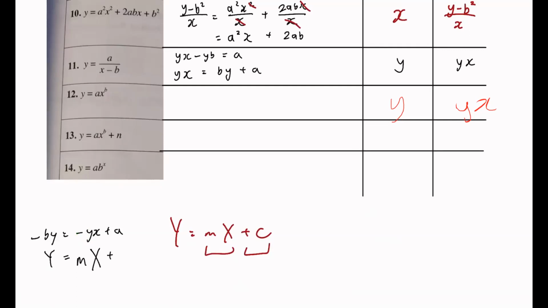So mx plus c, where y is negative by, m equals negative 1, x equals yx, and c equals a. Actually, you don't even need a negative 1. You can just keep m as 1, then your capital X can be your negative yx. Okay, that's another way, but whatever. There's many different ways. Just think of one that works.